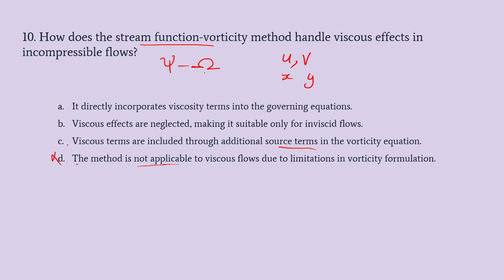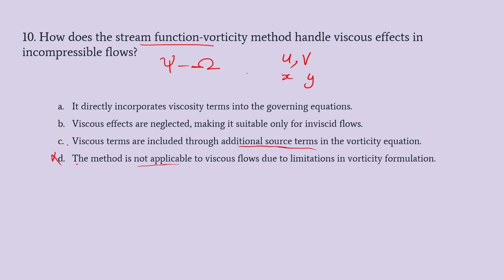So the issue is viscosity, which we know is the relation between shear stress and shear rate, and is mostly associated with u and v. Such terms will be difficult to include or relate with stream function and vorticity. So we have to add some additional source terms.